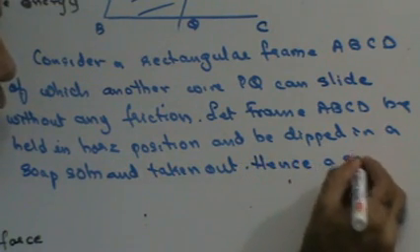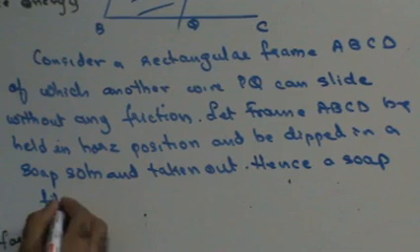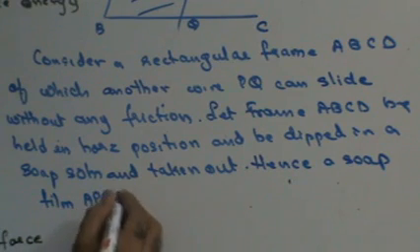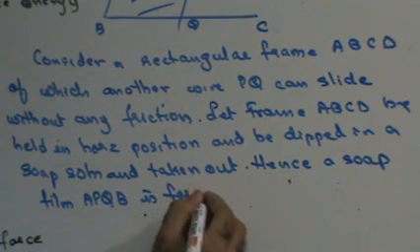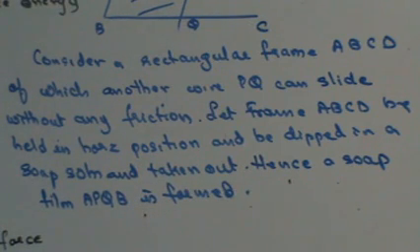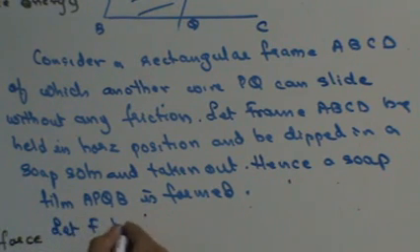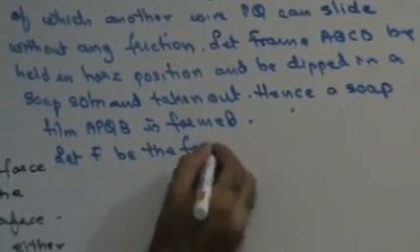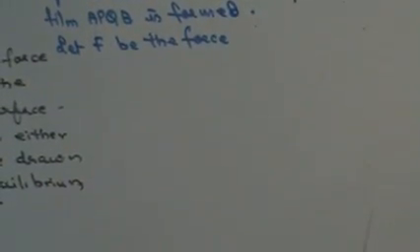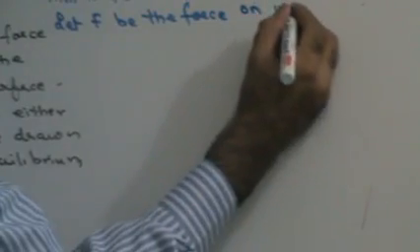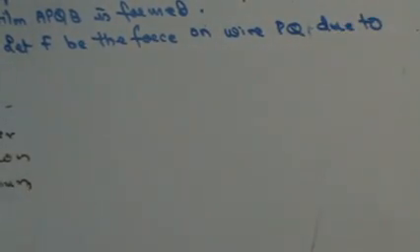Hence, a soap film APQB is formed. Right? Now, this soap film will exert a force F on wire PQ. Let F be the force on wire PQ due to surface tension of the soap solution.